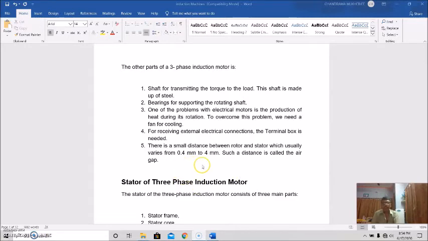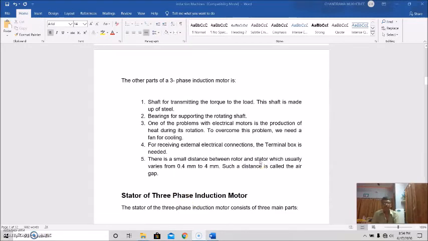If we quickly go through the different parts, what we have seen so far is that there are two main parts, stator and rotor, and the rotor is of two types, squirrel cage rotor and wound rotor. Other than that, we have the shaft for transmitting torque to the load, made of steel, and bearings for supporting the rotating shaft.